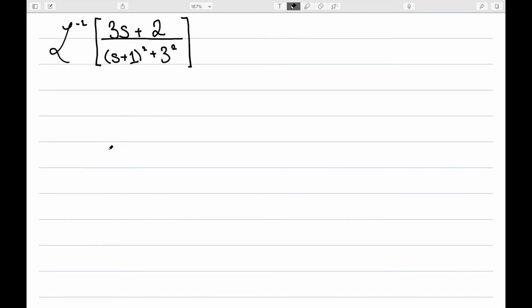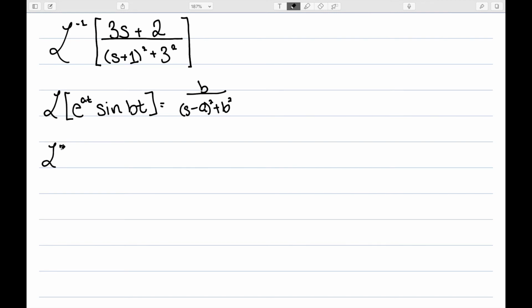The next one I want to do is the inverse transform of 3s plus 2 over s plus 1 squared plus 3 squared. If we look at our table, what we end up having is that the transform of e to the at sine bt is equal to b over s minus a squared plus b squared.